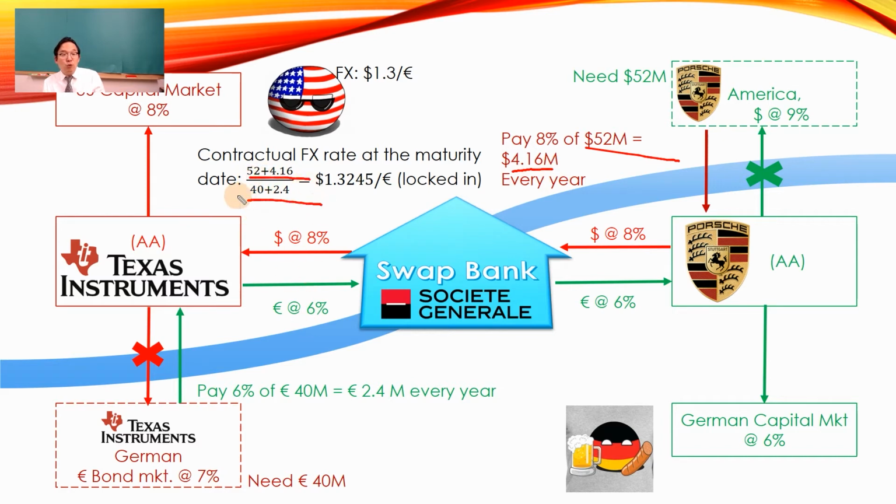Denominator is euro obligation, which is 2.4 million plus 40 million. Adding together, that's the denominator. So if you do the math, the contractual FX rate that you are undergoing is $1.3245 per euro, okay? You lock in this contractual FX rate by taking this swap contract, okay?